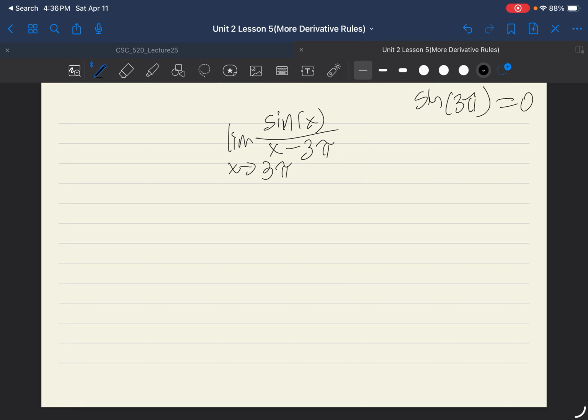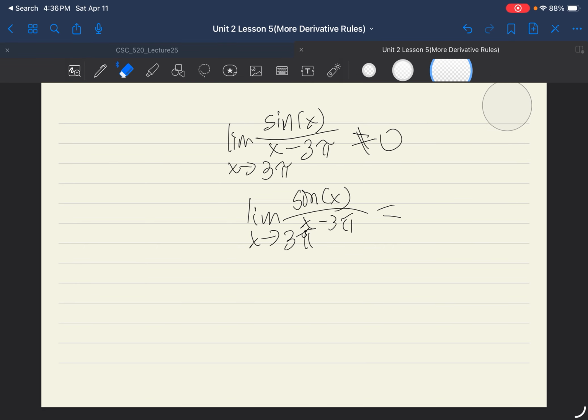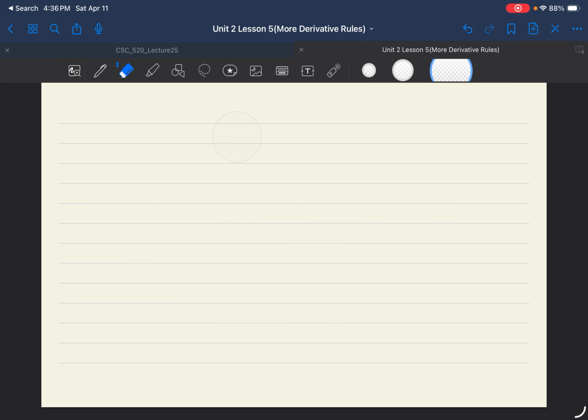And remember, this limit is not equal to 0. Always remember this. Rewrite it: it is not equal to 0, but it is equal to the cosine of 3 pi. Oh wait, this is the sine. I'm supposed to be talking about cosine.